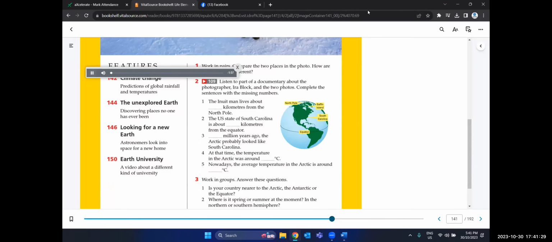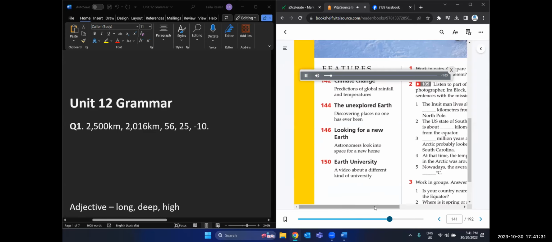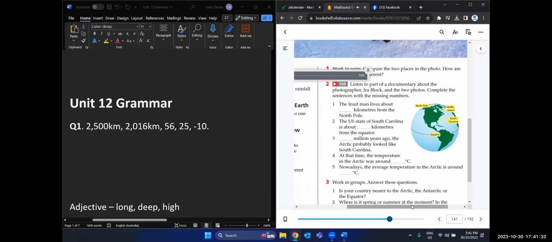Track 109. Unit 12 opener. This Inuit man lives on Baffin Island in Canada. It's in the Arctic, about 2,500 kilometers from the North Pole. Ira Block took the photo, and the Inuit man is also holding another photo by Ira Block.